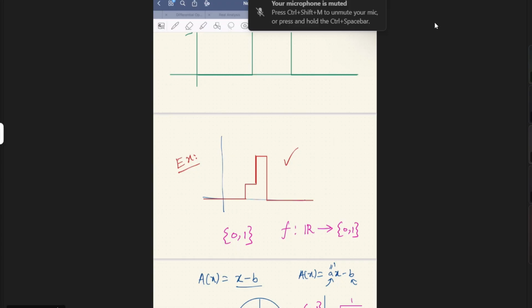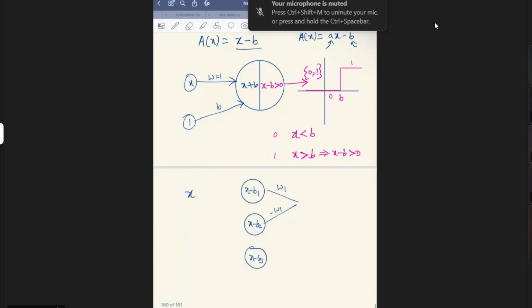Once you produce this signal, then you are very comfortable to approximate functions. Sir, for single layer, I am not sure, but I think it will be three hidden neurons, sir. Three hidden neurons, then okay, let's construct it. Yes, sir.